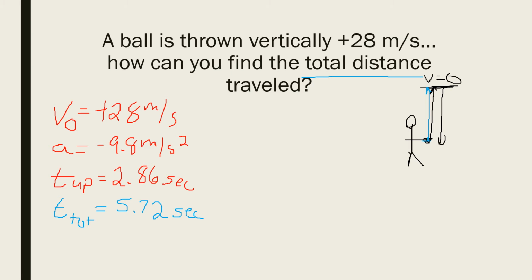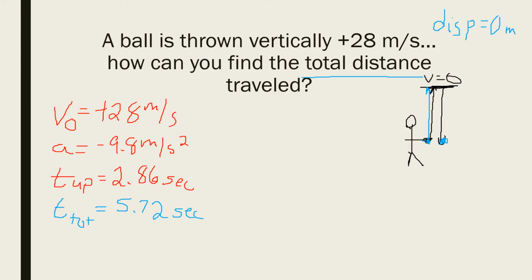Because at the total time, that d solves for displacement. And at the total time, the ball is in the same spot it started. So the displacement would be 0. In all circumstances of vertical throwing, the displacement equals 0 when it's caught back in the hand.